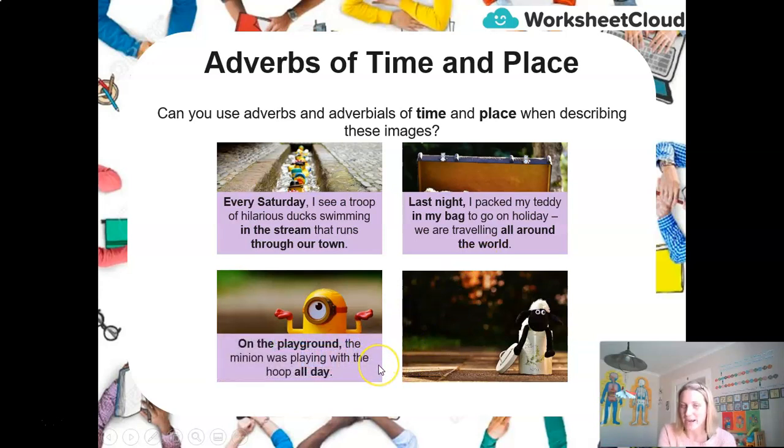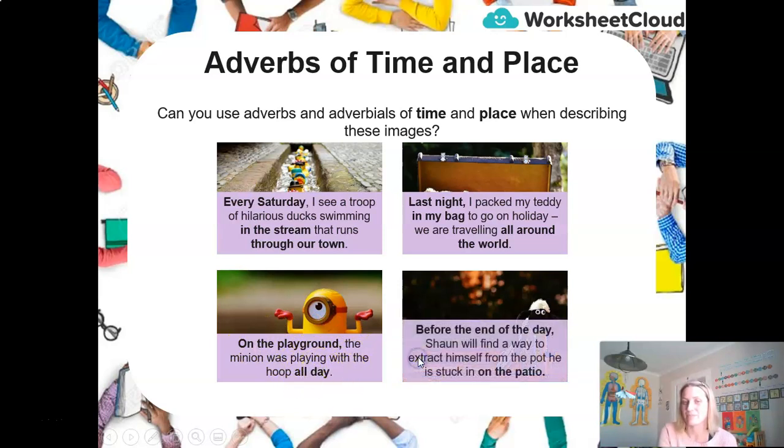Okay, my minion. On the playground, the minion was playing with the hoop all day. So now, this time, my introductory adverbial is the one of place, telling me where the minion was. And I finish with the time. And lastly, before the end of the day, Shaun will find a way to extract himself from the pot he is stuck in on the patio.